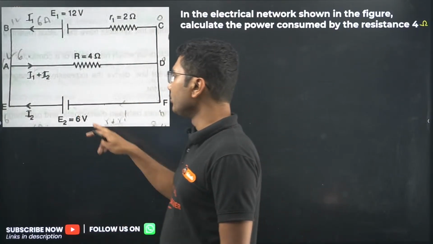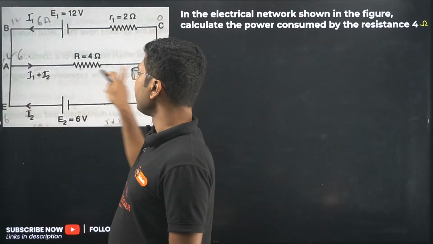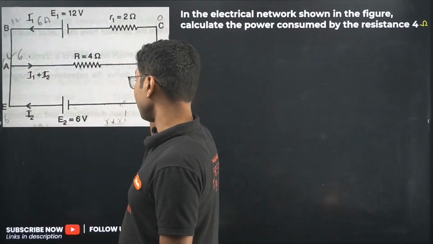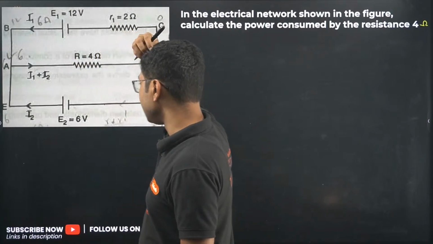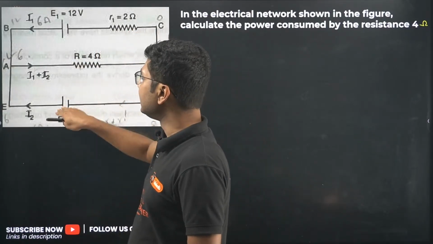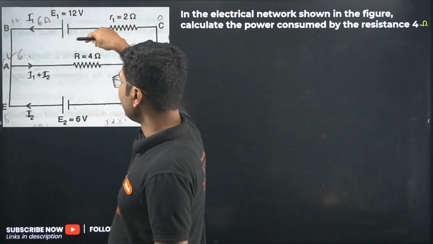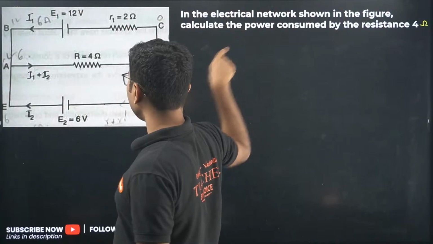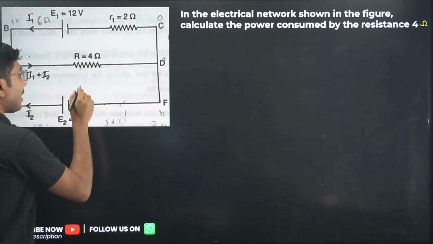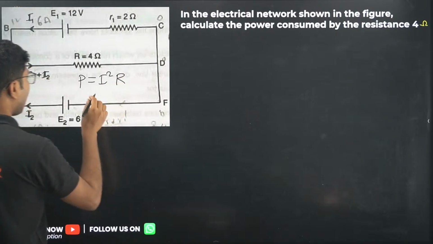In fact I2 will be 6 by 4, but you have to calculate it. Anyway, there is no internal resistance, that means this is an easy calculation. And if you know the current, then you can find the power as well. Power is given by I square R. I is this one.